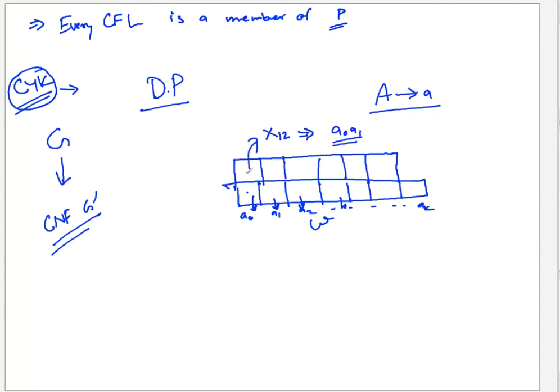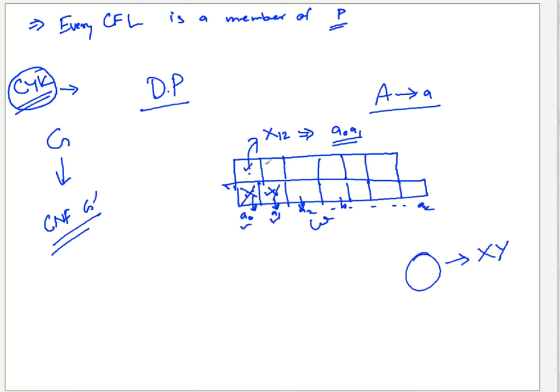To do that, you take these two in combination and check if any variable exists. If this is x and this is y, you have to see if there is any rule whose body is xy. That variable derives xy, which results in deriving a0, a1, so that variable is placed here.